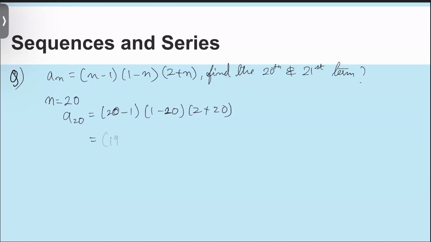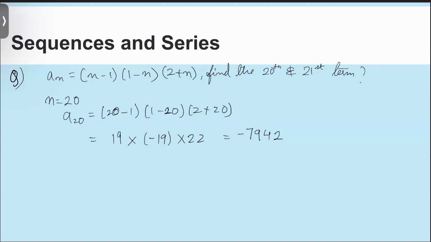So you have 19 multiplied by, over here this is minus 19 multiplied by 22. So that actually gives you minus 7942. Okay, we'll just cross check it once.